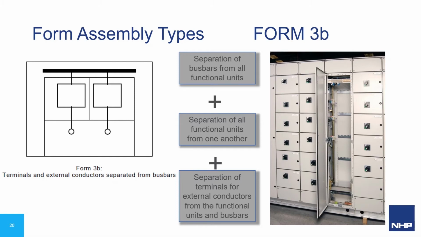Form 3B. Form 3B appears as the industry norm for main switchboards and distribution boards over 800 amps. The general requirements: busbar is in a separate compartment or otherwise protected with a rigid barrier. Functional units are required to be separated from the busbar, from other functional units, and also from the terminals for outgoing conductors.